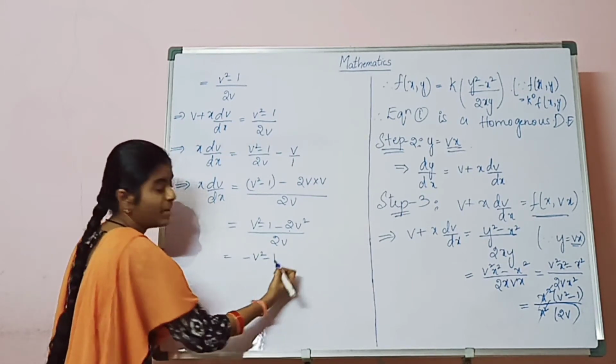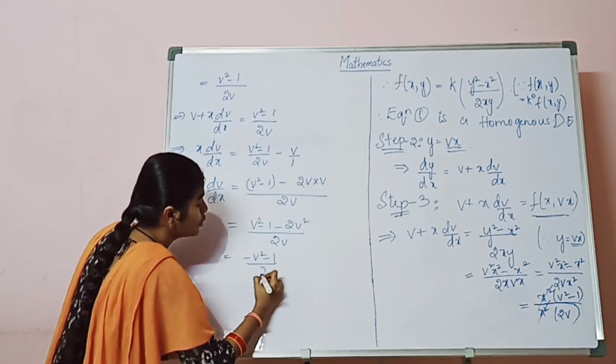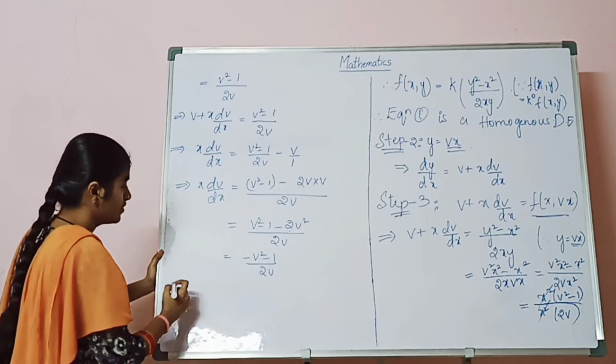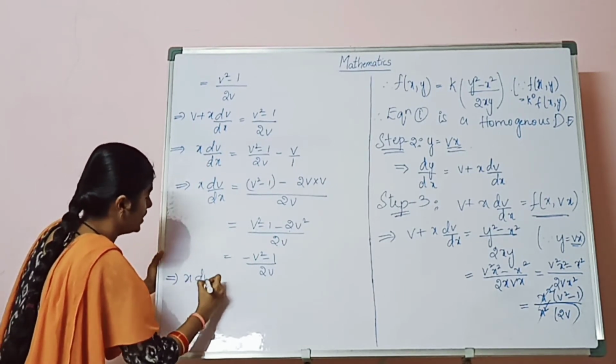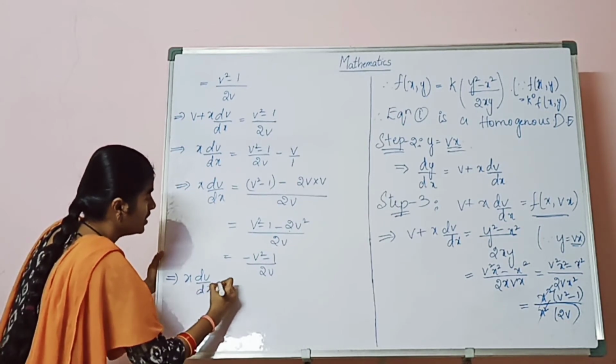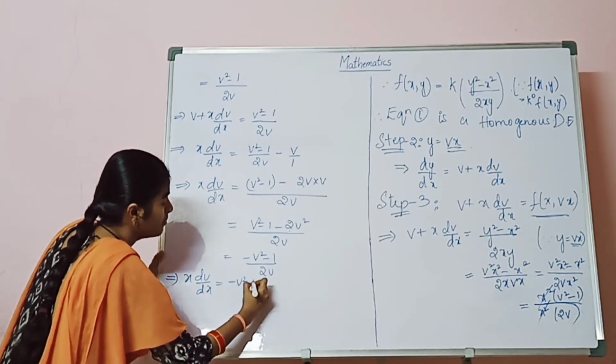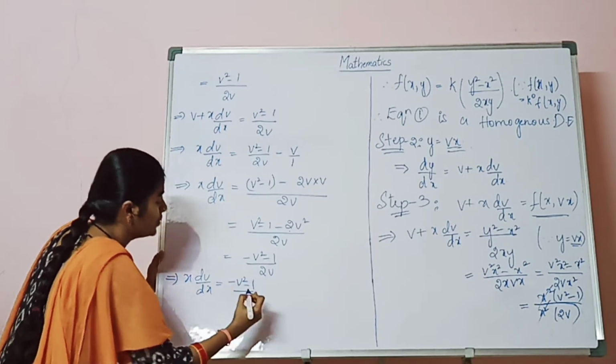Minus v square minus 1 by 2v. That implies x into dv by dx equals minus v square minus 1 by 2v.